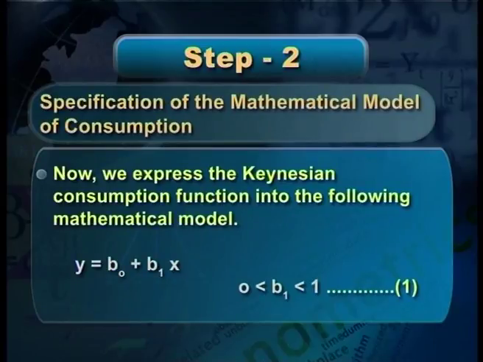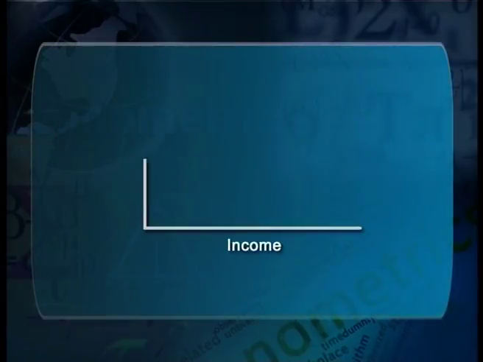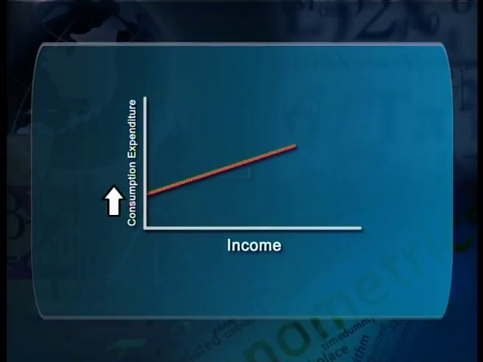So in this example, Y is consumption expenditure, X is income, and b0 and b1 are parameters of the model, where b0 is the intercept coefficient and b1 is the slope coefficient. This we can observe in the graph. On the vertical axis, we have measured consumption expenditure, and on the horizontal axis we have taken income.